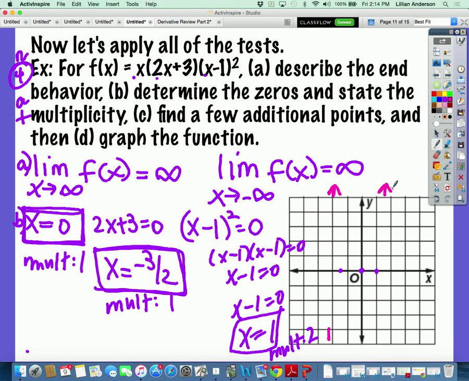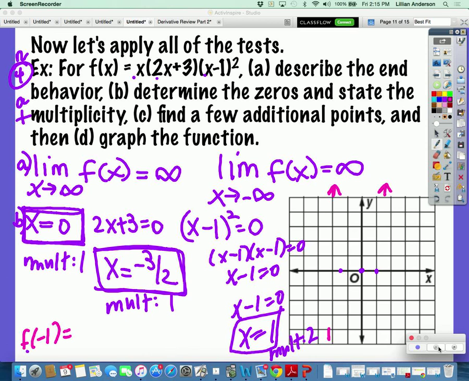To do that, let's pick a point in between our zeros. What's the point in between -3/2 and 0? -1. So to find the y coordinate when x is -1, you plug it in. Do this real fast without your calculator and tell me what y is.